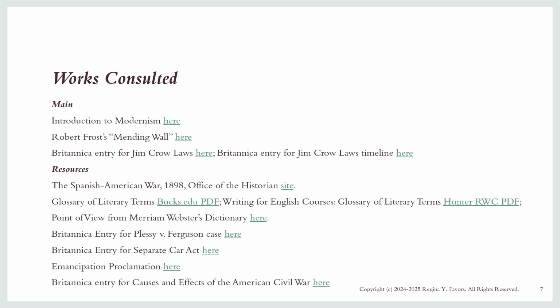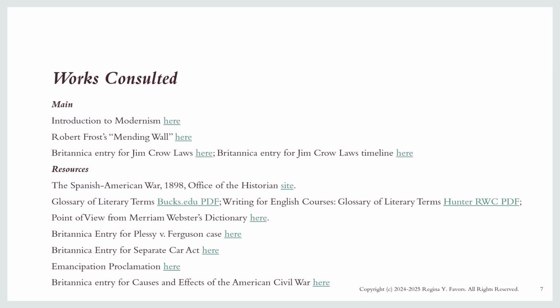All right, so you can find Introduction to Modernism, Robert Frost, Mending Wall with the link, the Britannica entry for Jim Crow laws, because it directly applies here. Then, of course, resources for the Spanish American War, glossary of literary terms, point of view, Britannica entry for Plessy v.